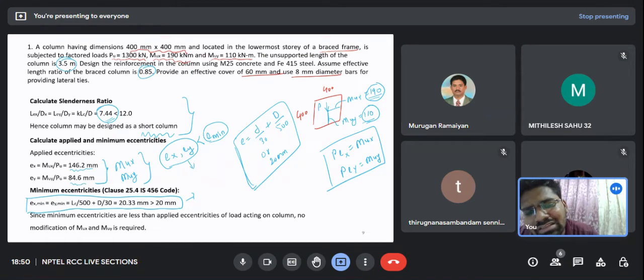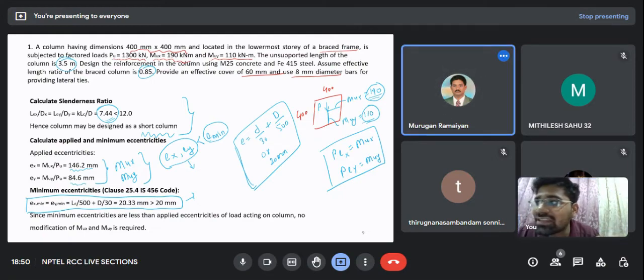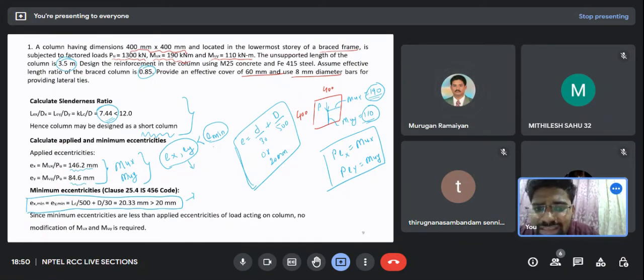So the actual eccentricity is already less, that is, the eccentricities are already limited. But what the code says is to design the column for this minimum accidental eccentricity. This is the provision. Did you get what I am trying to say?